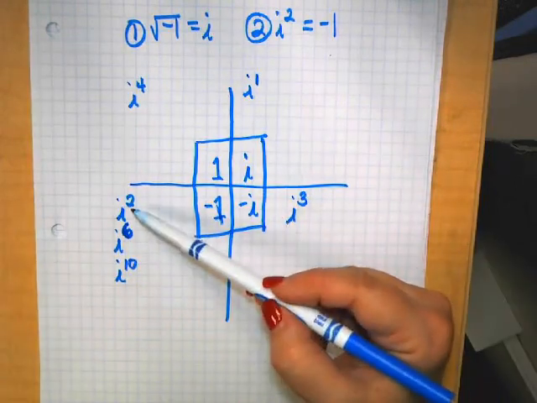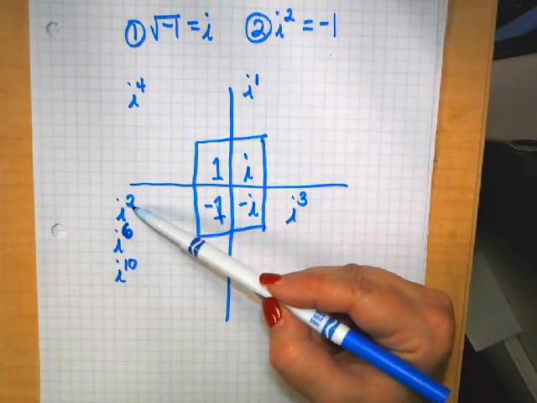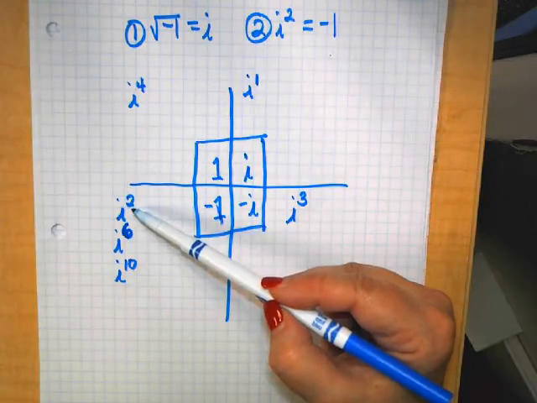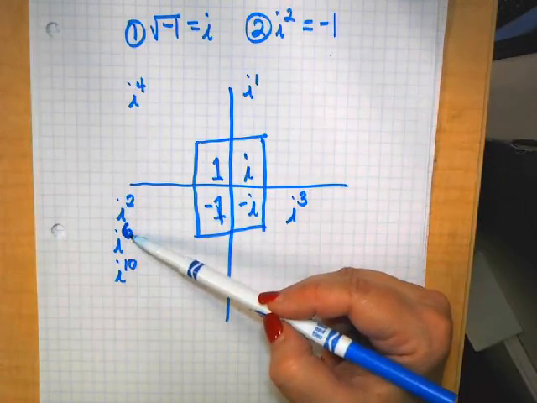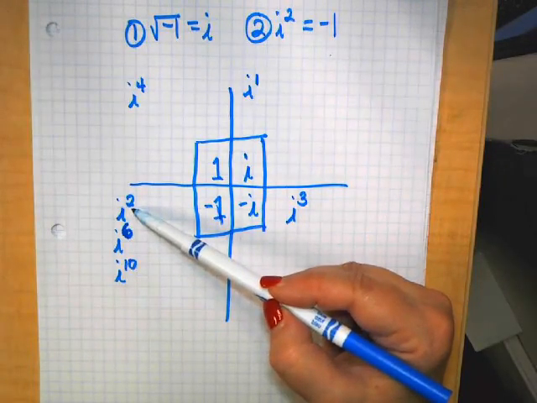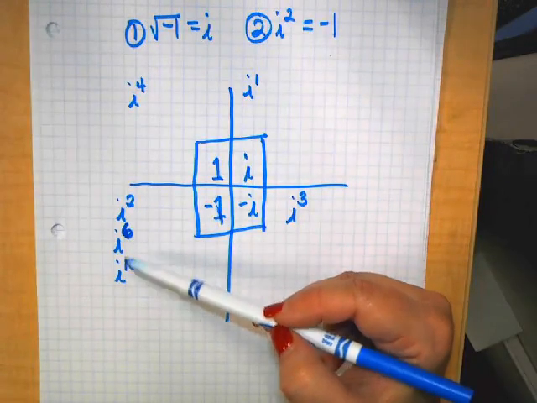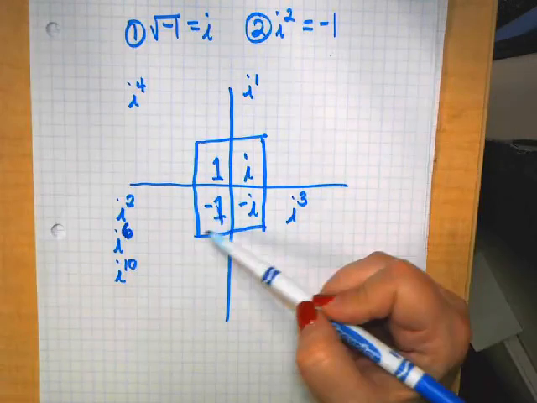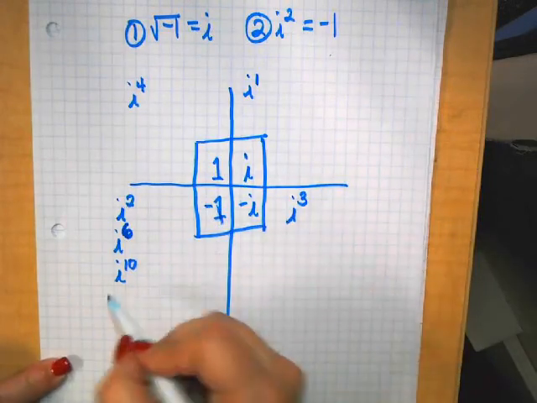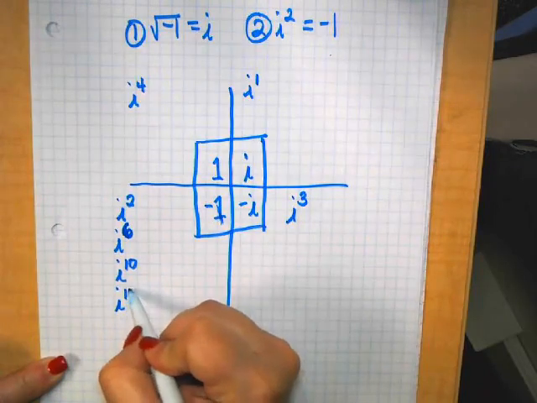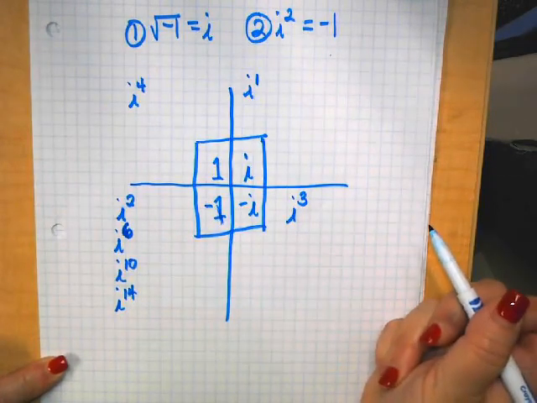Now you may have noticed that if you add 4 to the original power, as long as you start with i squared, when you increase the power by 4, you will always get -1, which means that the next time you will see -1 is with i to the power of 14.